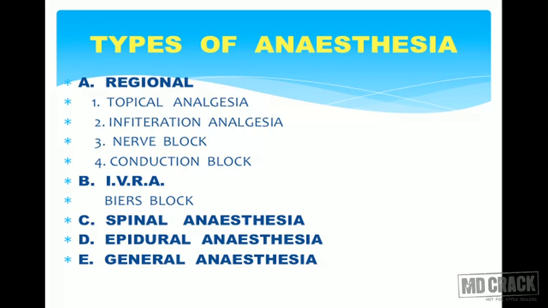Then there is spinal anesthesia, in which the drug is injected into the subarachnoid space. Then there is epidural anesthesia, in which local anesthetic solution is injected outside the dura. I'm going to talk in detail about how this particular anesthesia is achieved. And then the last but not the least is general anesthesia.